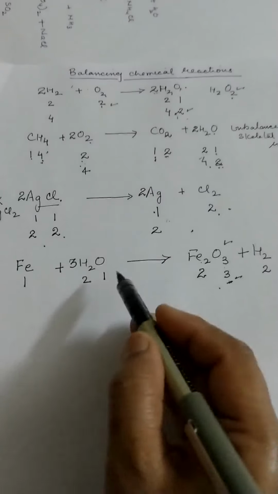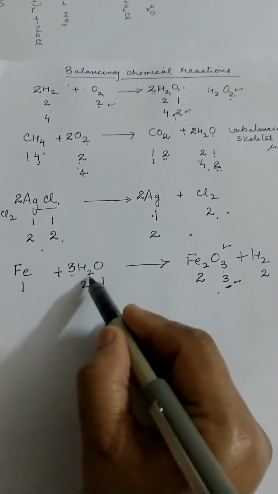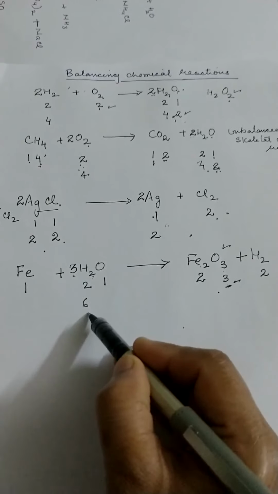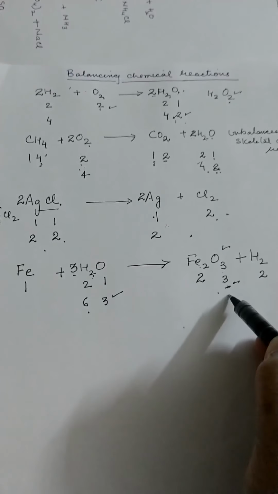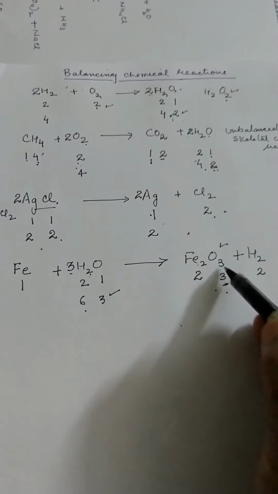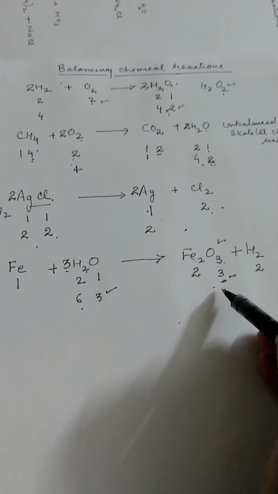right? Now let us see what change takes place. Here 3 into 2, hydrogen becomes 6. And oxygen becomes 3. So oxygen is balanced here. Am I right? It is balanced. Oxygen here is 3, and oxygen here also 3.